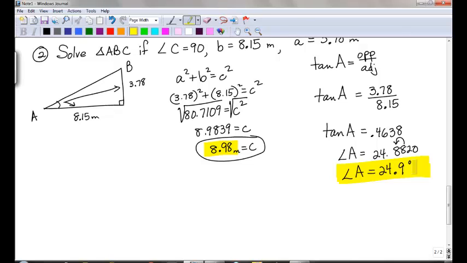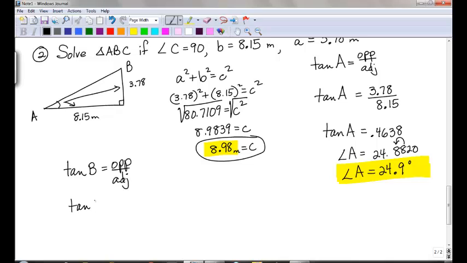Okay. Now, it's real tempting there to just subtract and say 90 minus 24.9. But what if 24.9 is wrong? Okay. So you go back and use the given. If I want to solve for angle B, okay, I can still do tangent. Tangent of angle B is opposite over adjacent.